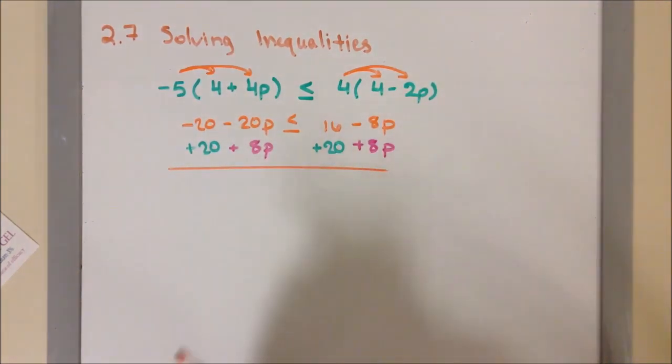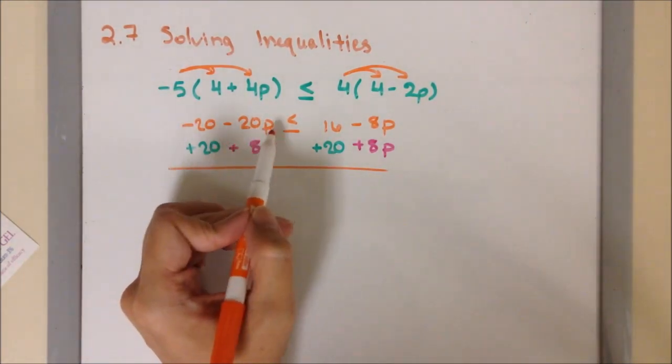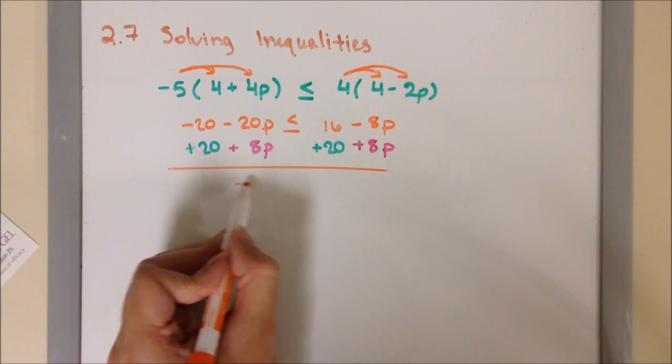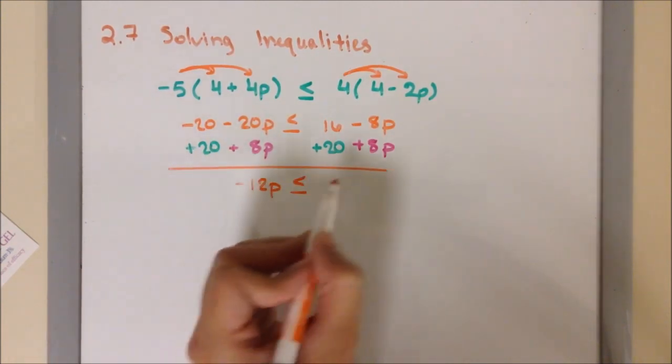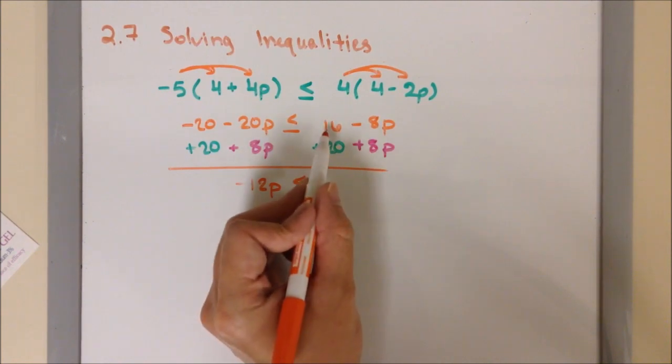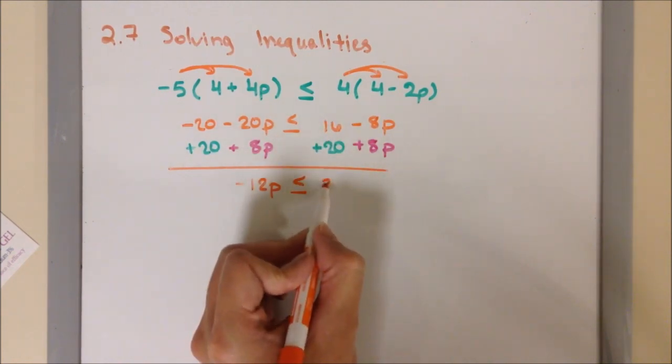So from there, I'm going to have negative 20p plus 8p, that will be negative 12p, less than or equal, and then 16 plus 20, that will be 36.